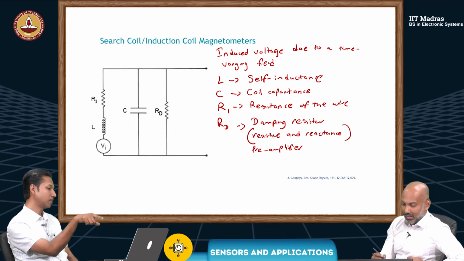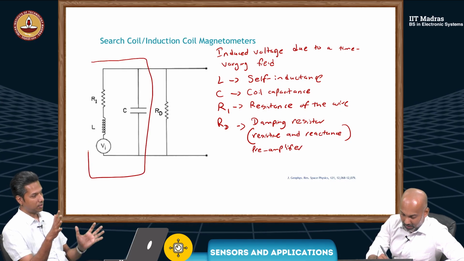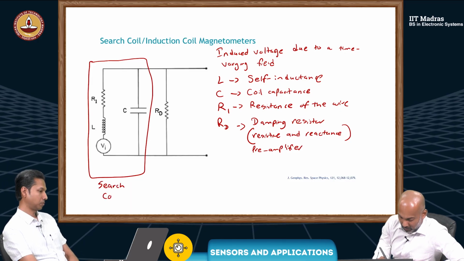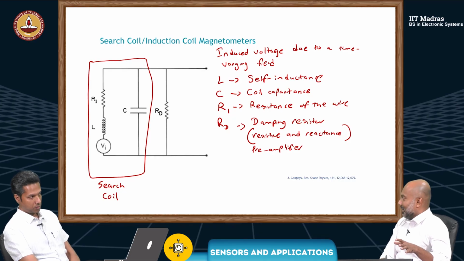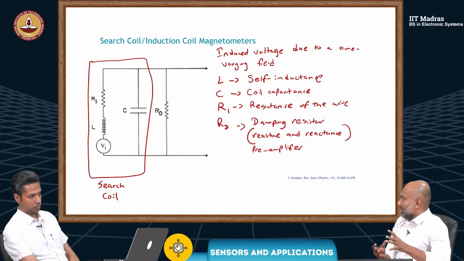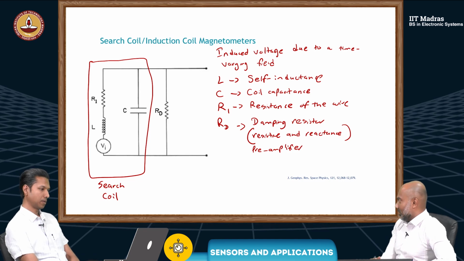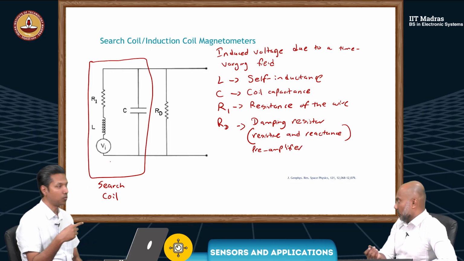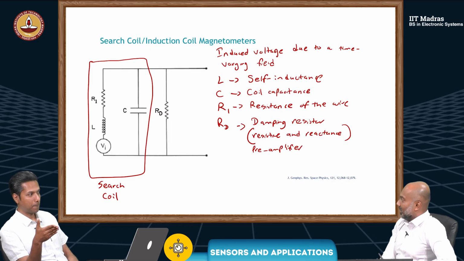While the other three, L, R1 and D, are part of the coil itself. This part is the surge coil. But because we have R, L, and C, we won't get a simple output. We'll have some resonance. The induced voltage V1 itself is a function of the frequency of the flux density.